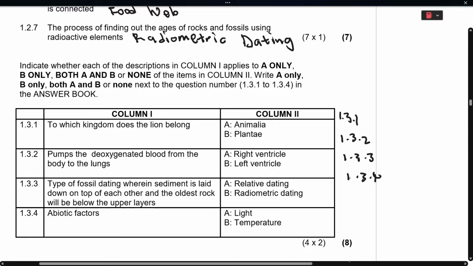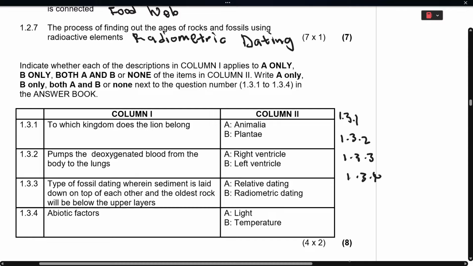It says indicate whether each of the descriptions in column I applies to A only, B only, both A and B, or none of the items in column II. Write A only, B only, both A and B, or none next to the question number in the answer book.